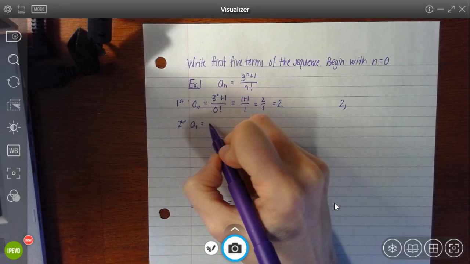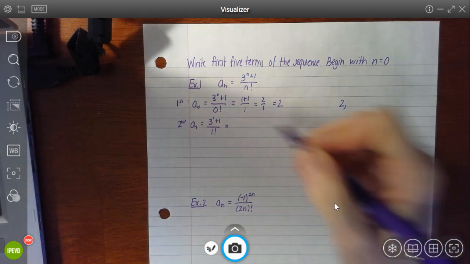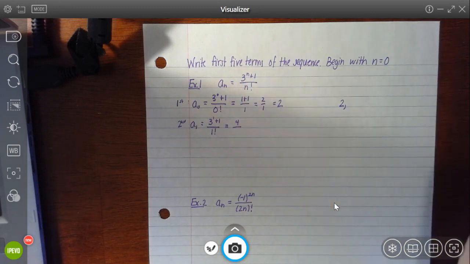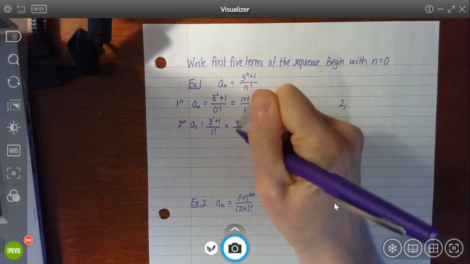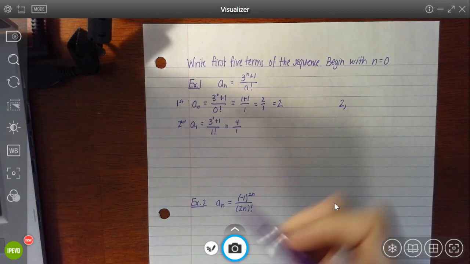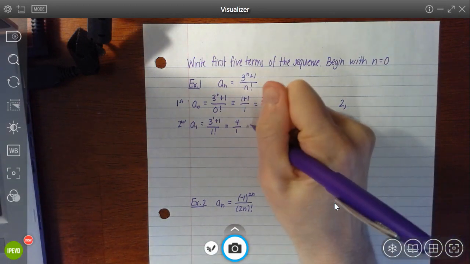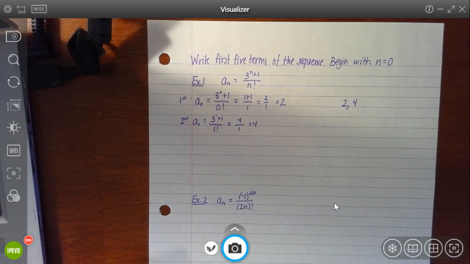In my numerator, I'm going to have 3 to the first plus 1, and in my denominator, I'm going to have 1 factorial. 3 to the first is 3. 3 plus 1 is 4. For our factorial, we start with 1 and multiply by increasing integers until we get to that value, but for this problem, we start with 1 and end with 1. So our fraction is 4 divided by 1, or just 4. So the second term in my sequence is 4.